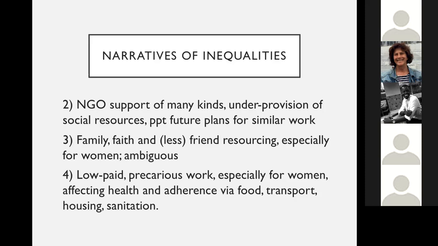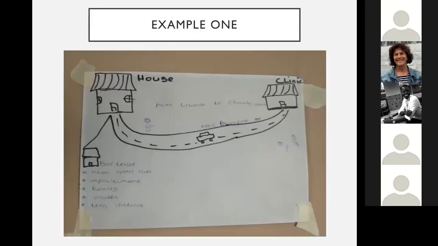So again, it takes us back to the introduction on the poverty of transport, housing, sanitation. These were common things that really came out from stories, especially among the women.